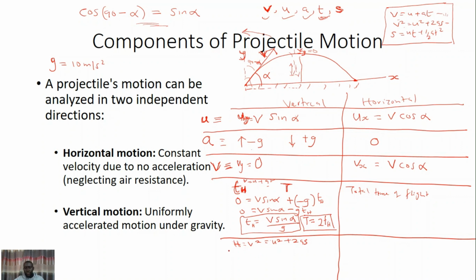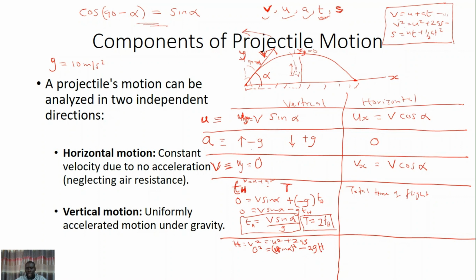In that case, the final velocity will be equal to zero, so zero squared equals the initial velocity, which is u sine alpha, squared, and our a will be negative because at that point the acceleration is downward, so it will be minus 2gh, where h is the maximum height that we want to calculate.